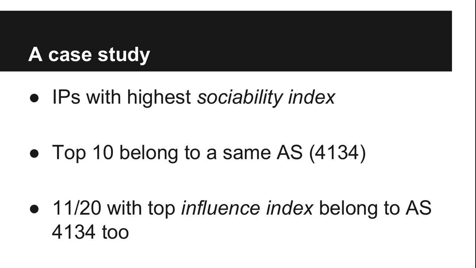And finally, we analyzed more deeply the IP addresses with higher sociability index. We found that 10 of the IP addresses with the highest sociability index belong to the same autonomous systems, 4.1, 3.4, as you can see in the slide.